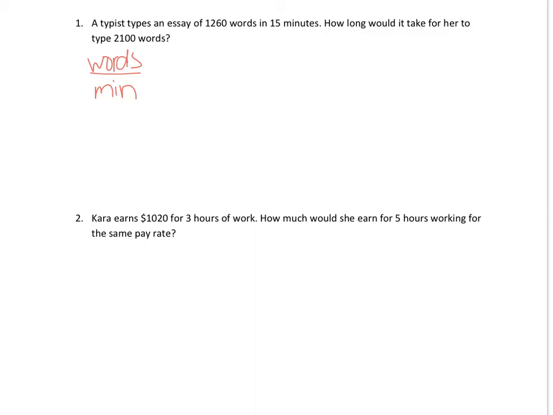So what we're going to do is take one case where we know that she types an essay of 1,260 words in 15 minutes. So that case, I could represent as 1,260 over 15. The number of words over the number of minutes that it took her. Okay, if it's a proportion, this is going to have to be set equal to another ratio.